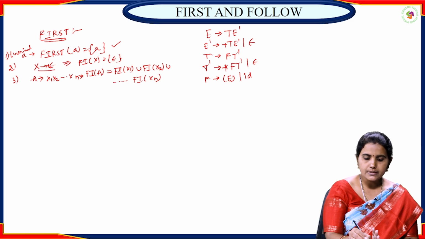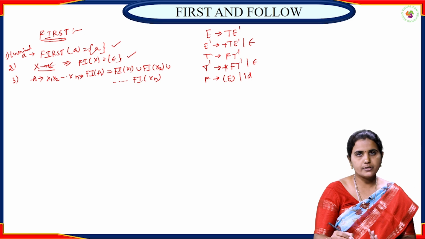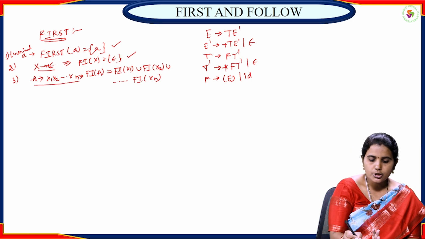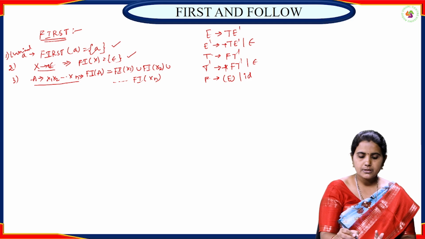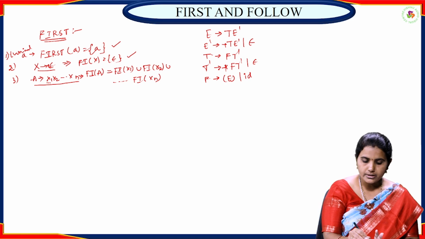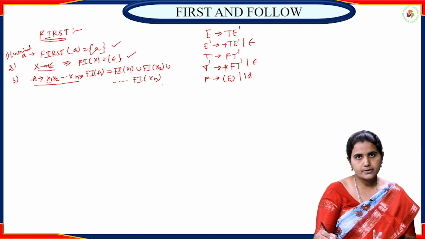Then if your production's right hand side symbol is epsilon, then your output is first of X equals epsilon. If your production consists of all non-terminal symbols X1, X2 up to Xn, then first of A equals first of X1 union first of X2 up to first of Xn.